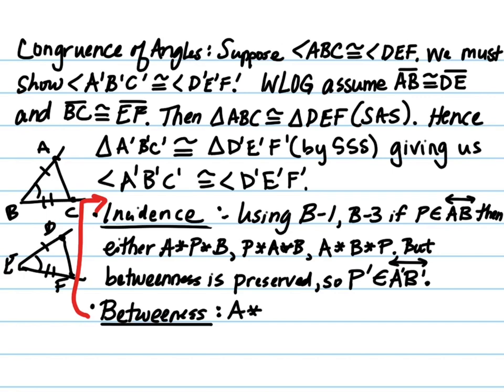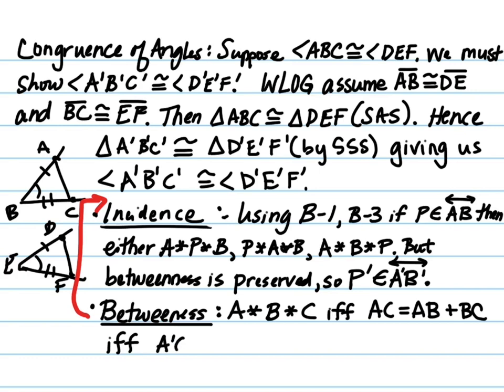So we're going to start out by taking A, B, C, that segment or that length. So this is true if and only if AC is equal to AB plus BC. These are bidirectional, the if and only ifs, and this is true if and only if A prime C prime is equal to A prime B prime plus B prime C prime.